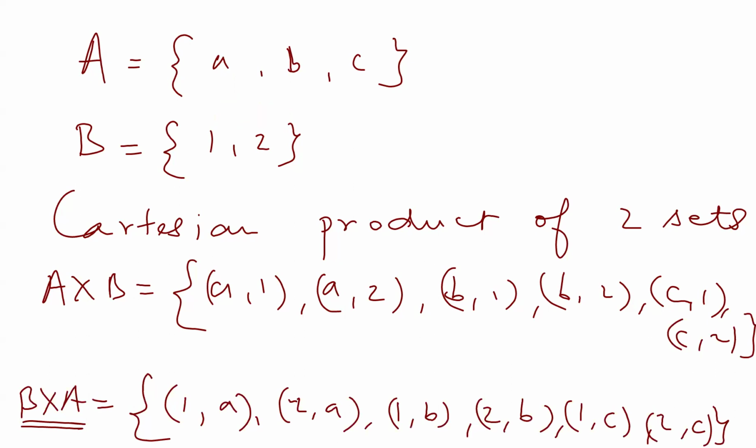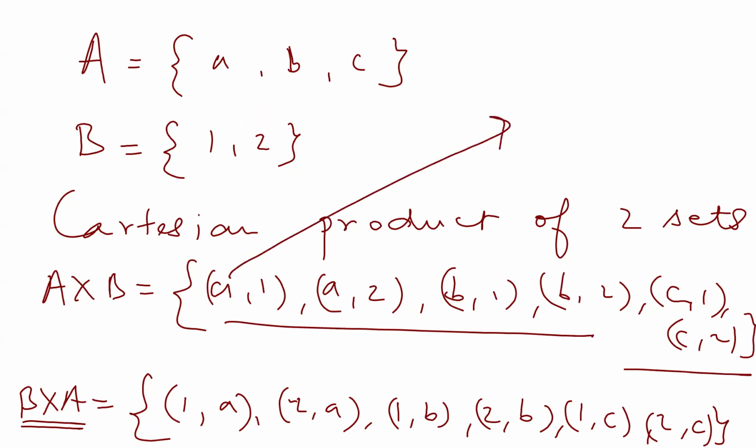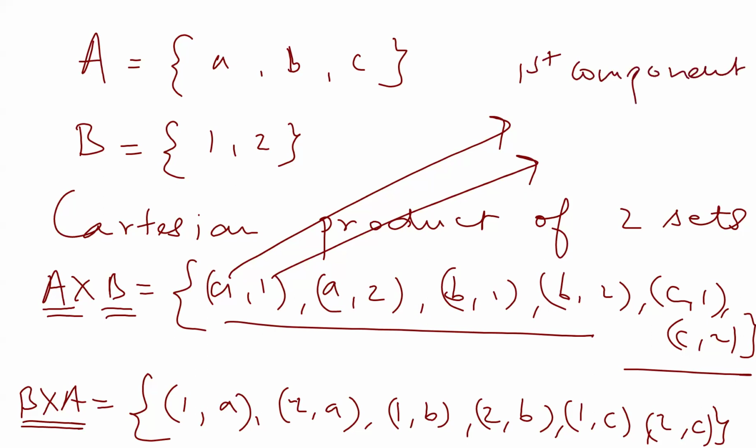Now the Cartesian product is a set of ordered pairs. These are all ordered pairs. Each and every round bracket within the curly brackets is called an ordered pair. The first object comes from the first set, the second object comes from the second set, in that order. The first object is called the first component, or also the pre-image.